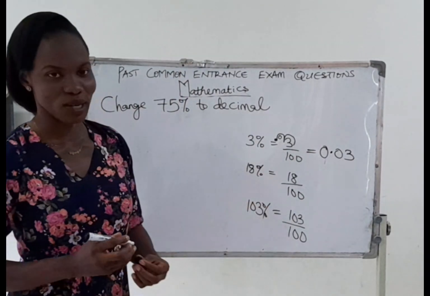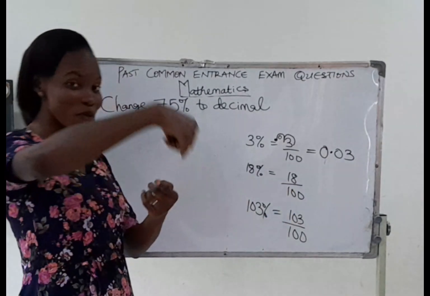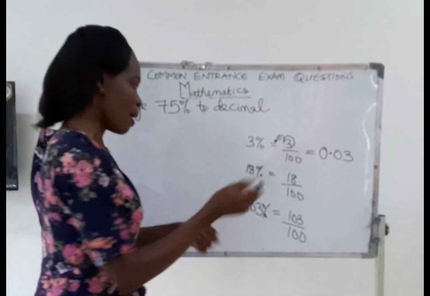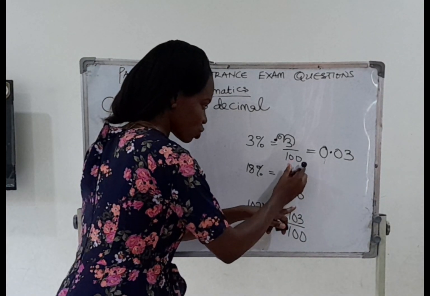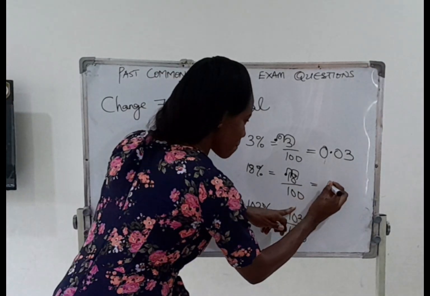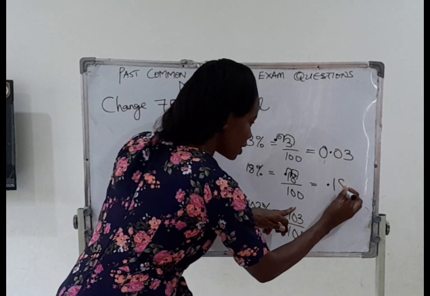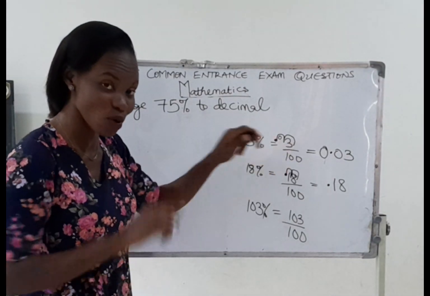Okay, let's look at this one again. 100 has 2 zeros, so we are moving backward 2 places because of these 2 zeros. So this is 1, this is 2, and we put our point. So we have 0.18. There's no empty place like in the last one. In that one, we had an empty place, that's why we put 0 there.